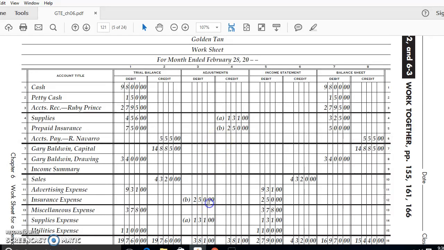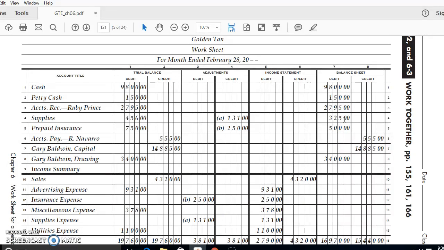Now, what I would like everyone to do is turn to page 161 in the textbook. When you're on page 161, you will be able to see that in the work together 6.2 they're showing that a supply on hand is $325.